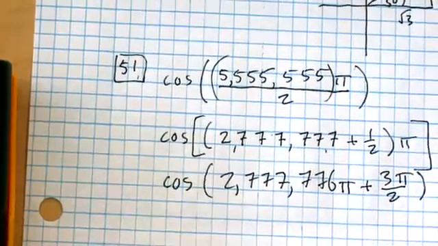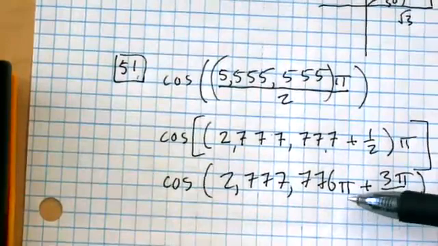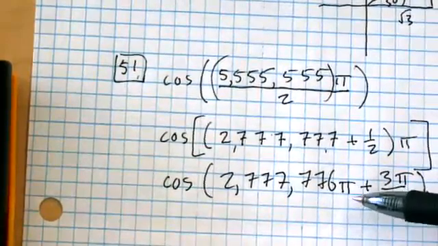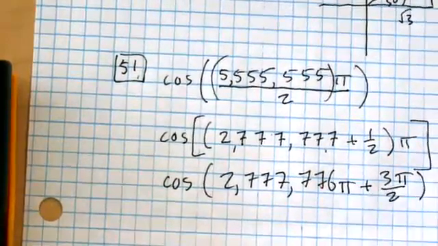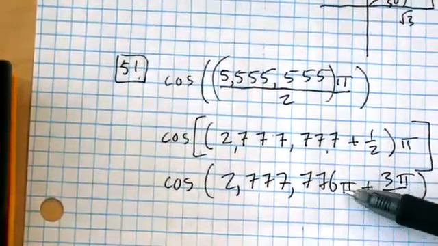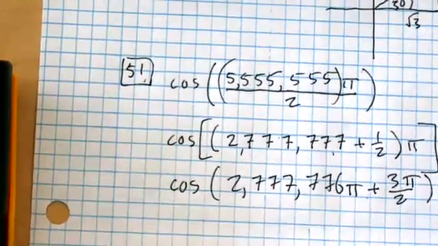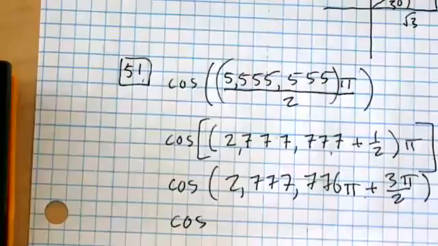So I'm getting fancy about how I represent this, because I want to get this as an even multiple of pi so I can ignore it. Those even multiples of pi are just going to spin it around and around, and it's going to end up right back where it started, which is going to be 3 pi over 2. So now I can just find the cosine of 3 pi over 2.